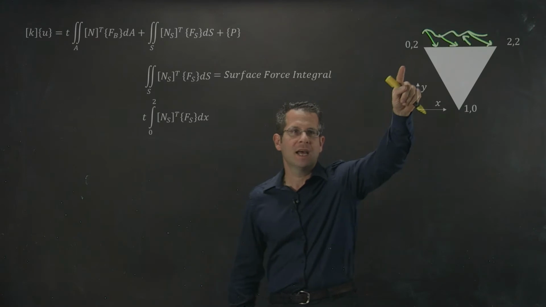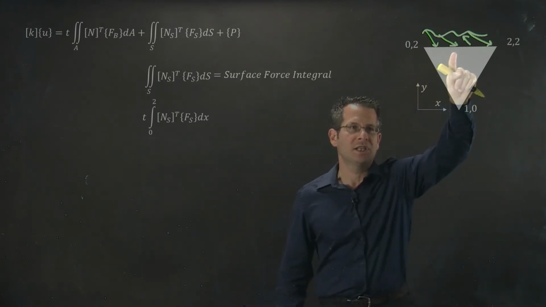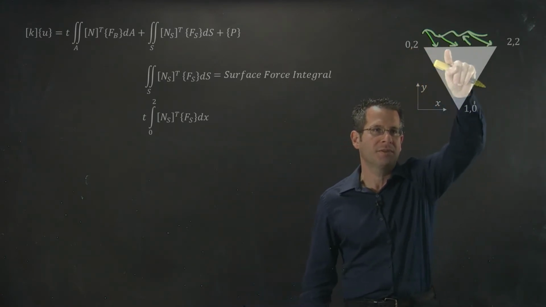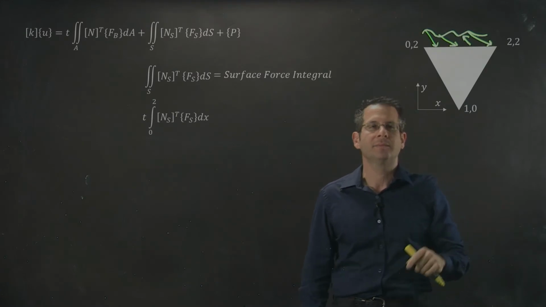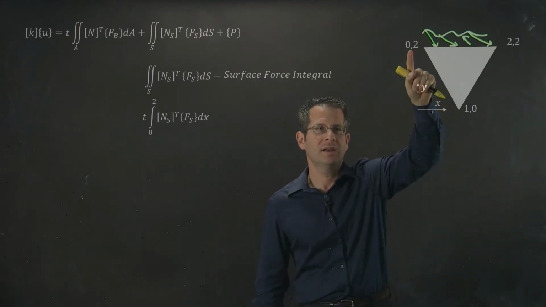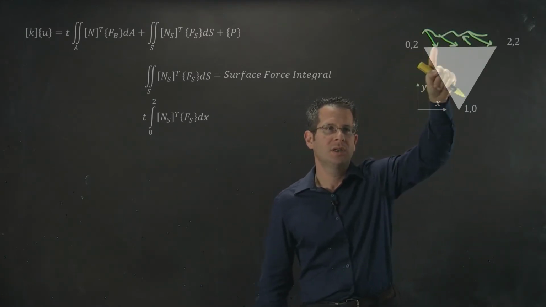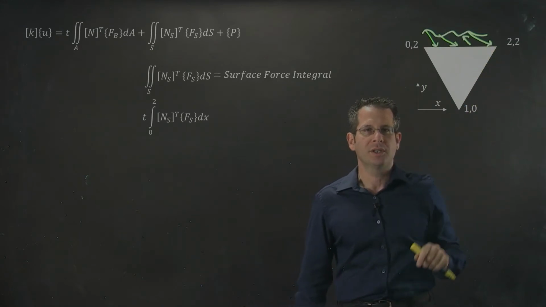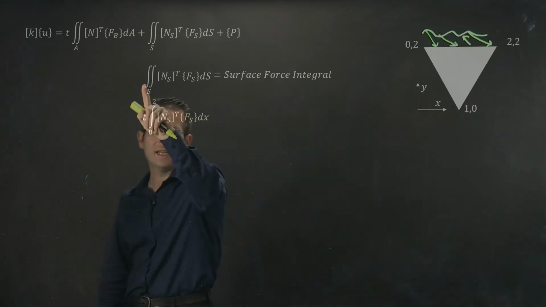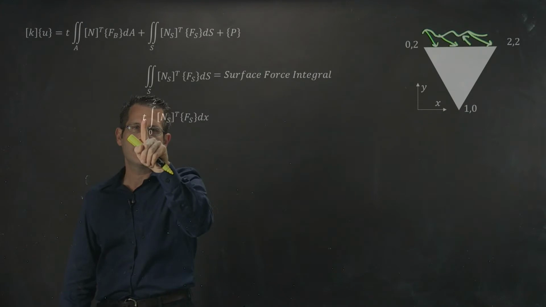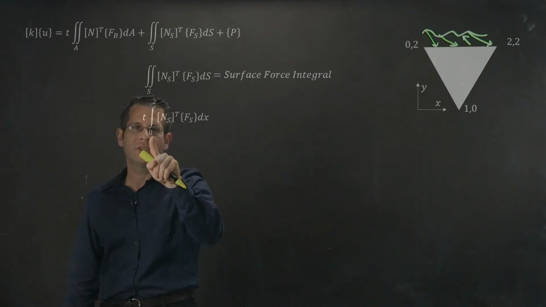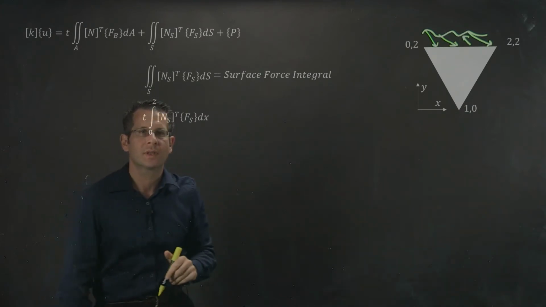In this case, my x is the only thing that's changing since I've picked a top surface where y is constant. I'm integrating from 0 to my x-coordinate here, 2. So now I've gone from an area integral to a thickness times an integral from 0 to 2.